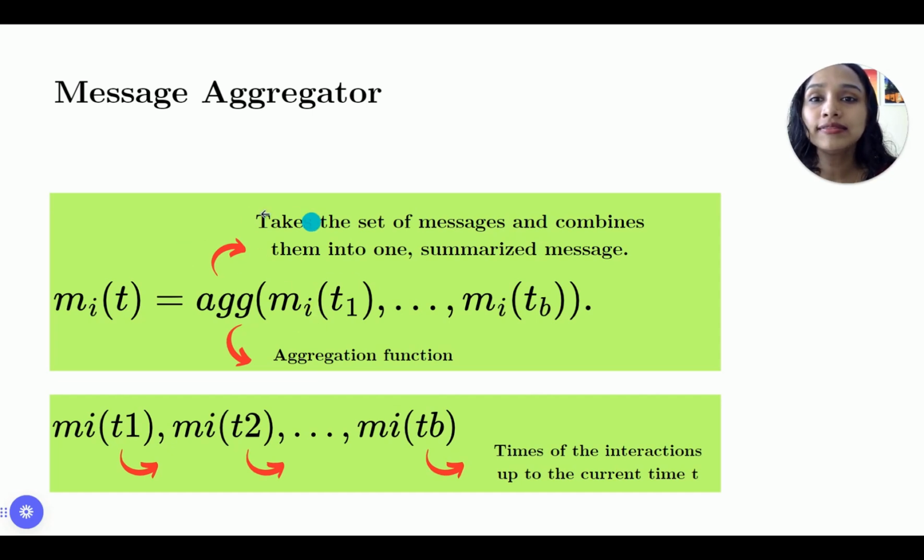So by using this message aggregator module, we can process large graphs and batch process the messages, and we can convert the events or the messages that involve the same node into one single message.